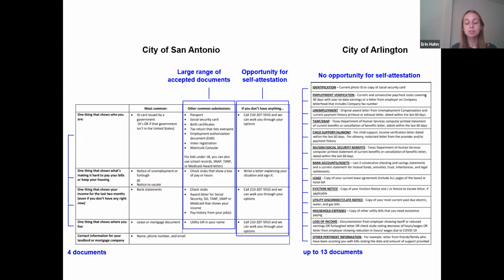And if none of the given options are accessible to the applicant, it allows them to simply submit a letter that explains their particular situation. Arlington, on the other hand, lists a substantial number of documents that ask to be provided if applicable, and neither offers the range of options nor the opportunity for self-attestation that San Antonio does.